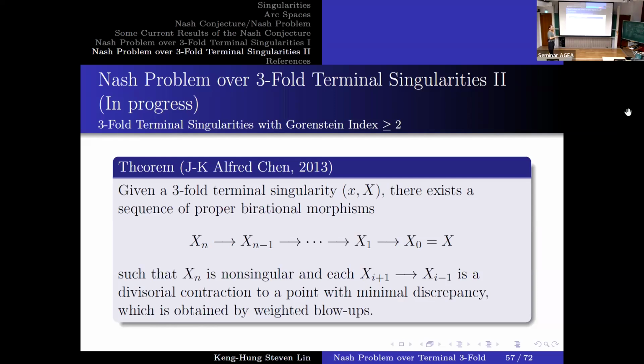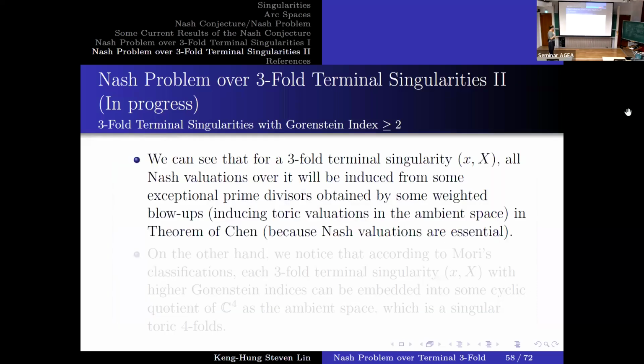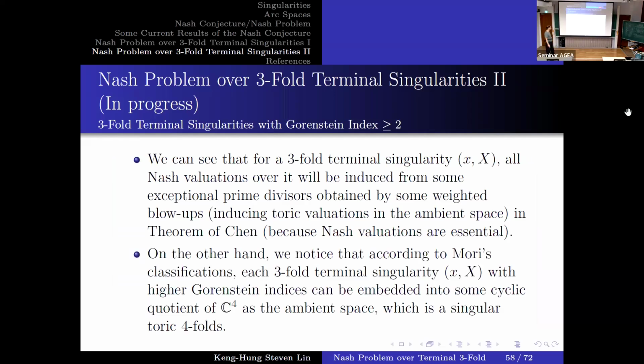So it seems that the weighted blow-up of the ambient space will be a fundamental tool for studying resolutions. Essentially we use the weighted blow-up to study the resolution of a 3-fold terminal singularity.